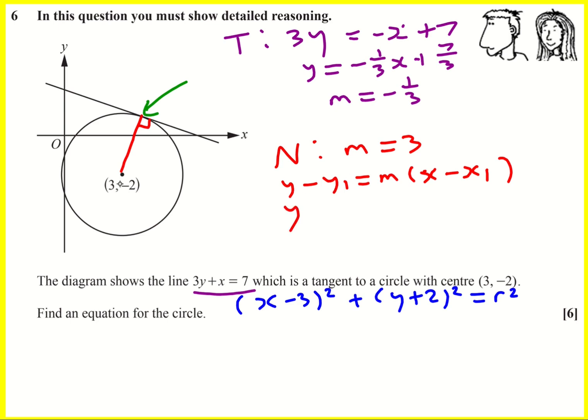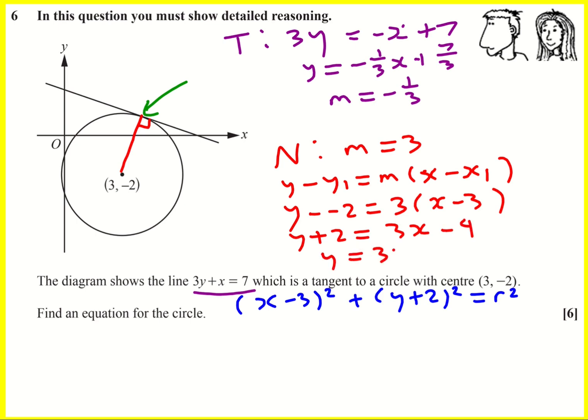So your point is the center in this case, because that's where the normal is going through. It's going to become y - (-2) = 3(x - 3). So y + 2 = 3x - 9. y = 3x - 11.